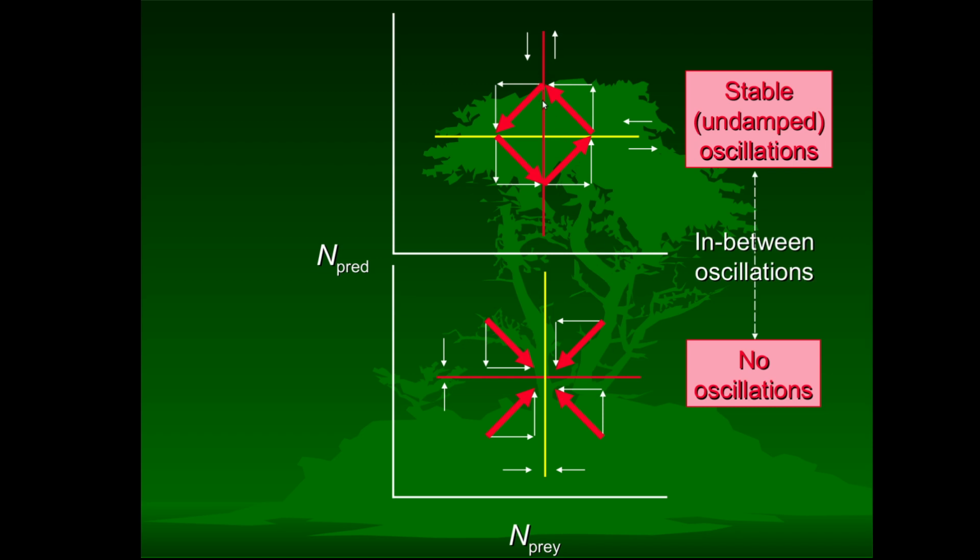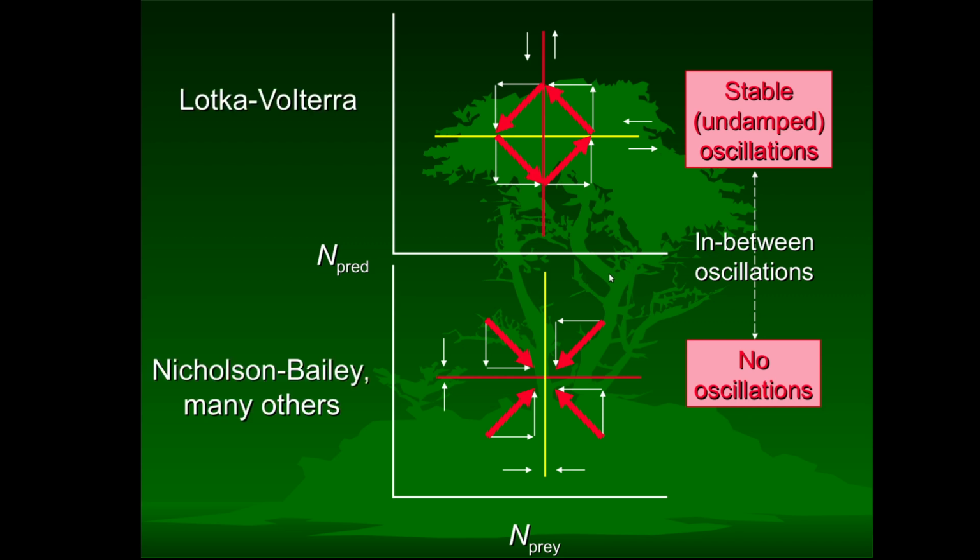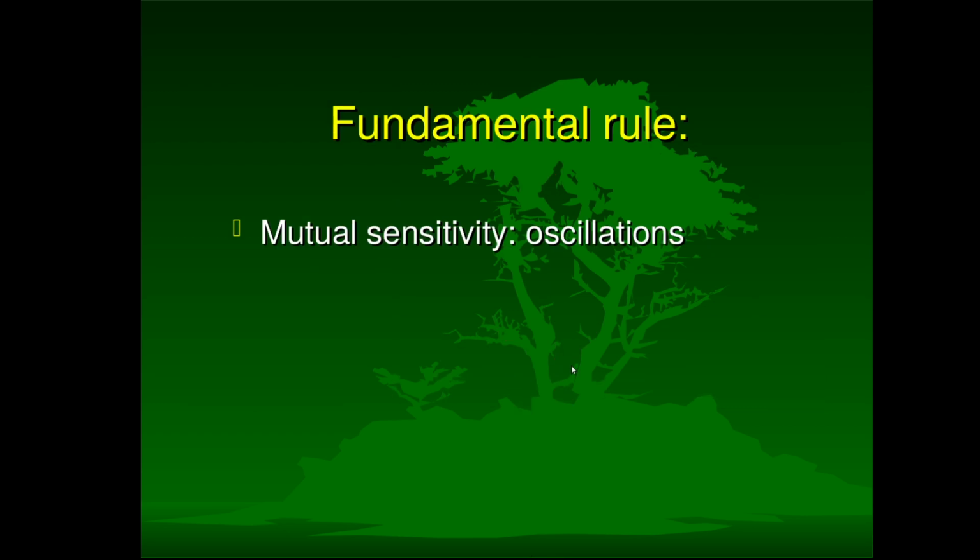And depending on the angle at which these cross, you can get in-between oscillations. All right, so this is the Lotka-Volterra model, and then many others have proposed models where the isoclines cross at different angles, and different authors come up with different predator-prey dynamics based on these different isocline models.